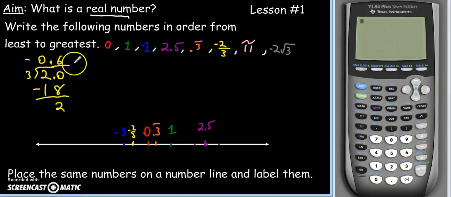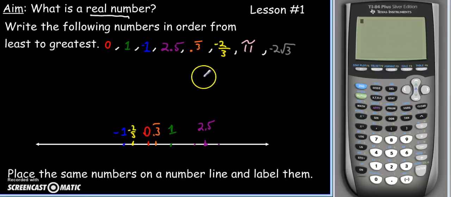Now we have another 0 here, and that comes down, and we do that again. 3 still goes into 20 6 times, and you can see that this is going to continue to happen. 6 times 3 is 18. That's 2, and that's going to continue. So that really means that this is equal to 0.666666, or 6 repeating. Alright, so that's one way to write things as a repeating decimal. So this is 0.6, which is located here.